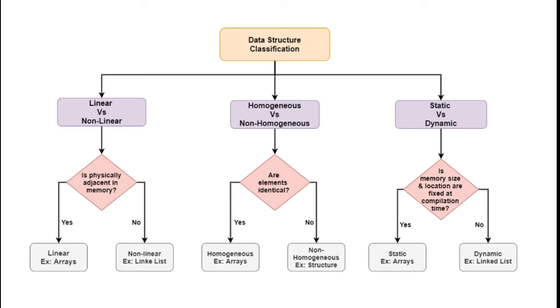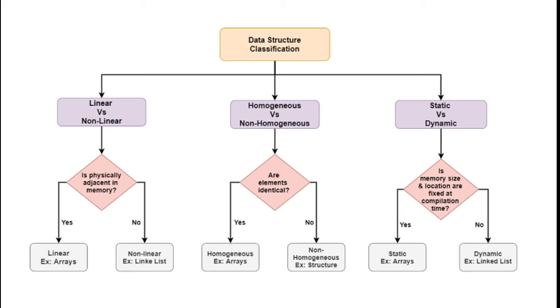Another classification, as I told you, is based on the nature of the elements, whether the elements are identical or not. If the elements are identical in a data structure, then they are called homogeneous data structures.